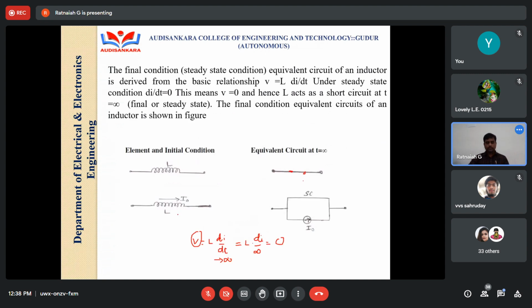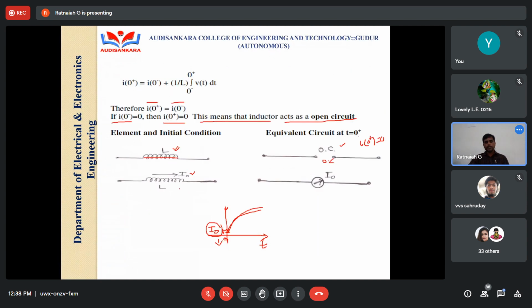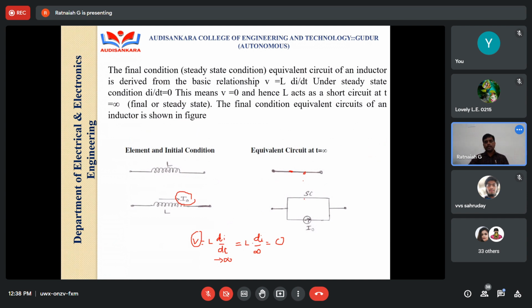So if the inductor has an initial current, initially you can replace that inductor by the current source I naught, and finally that inductor can be replaced by a short circuit with the current source I naught. You have to remember both the conditions: without initial current, with initial current.